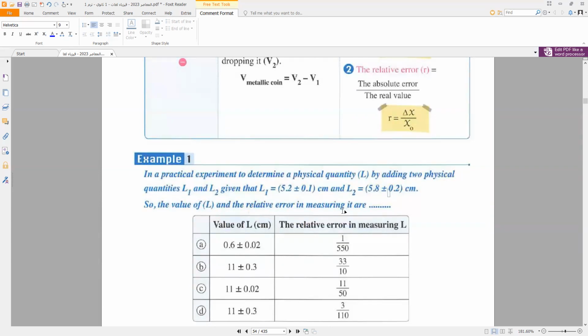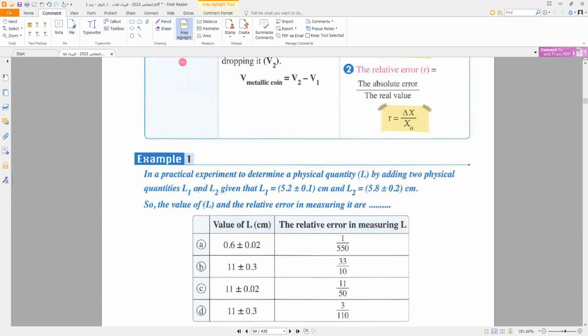L equals L naught 1 plus L naught 2, 5.2 plus 5.8 equals 11 centimeter. And what about the absolute error of the total L?